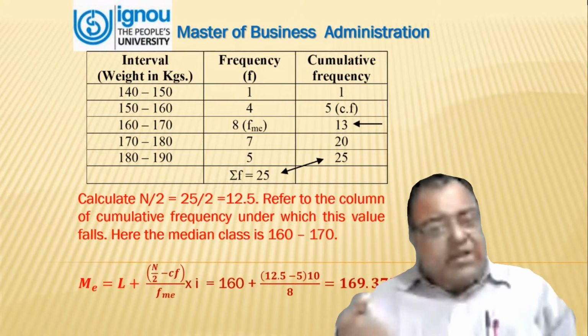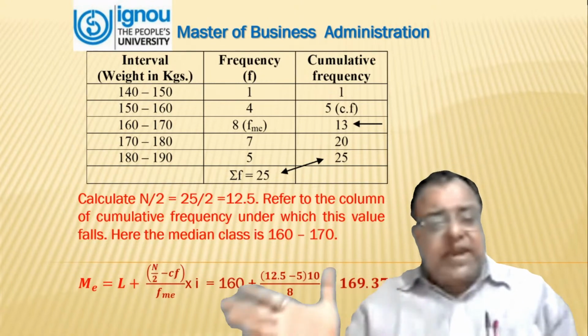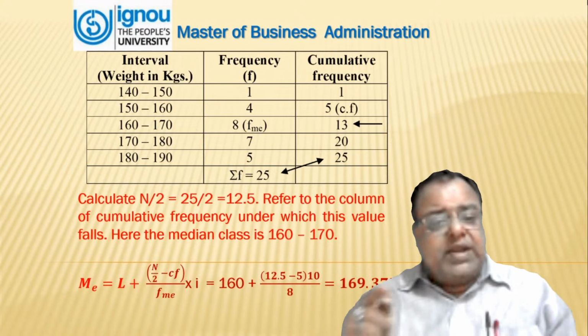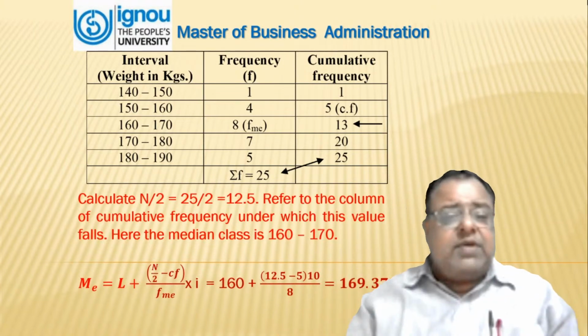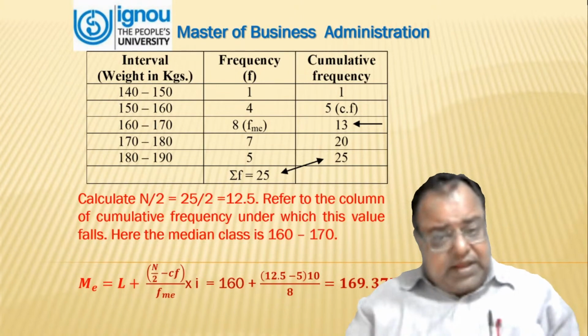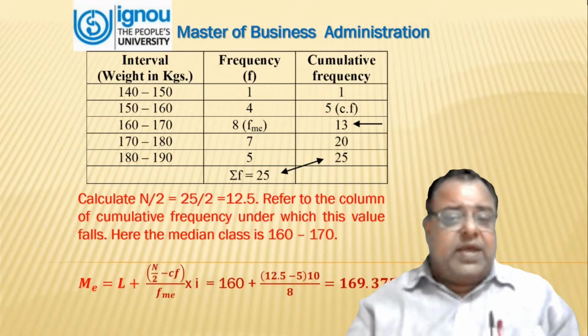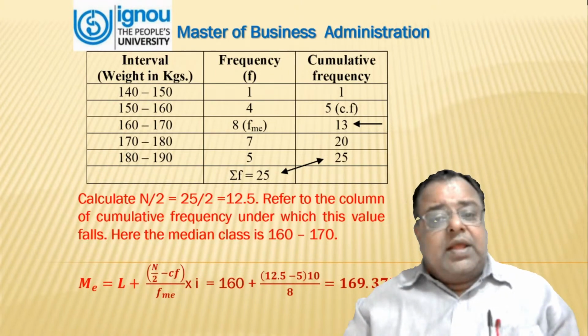For finding the subsequent cumulative frequency, we will be adding the numbers. We add 1 plus 4, we get 5. 5 plus 8, we get 13. 13 plus 7, we get 20. 20 plus 5, we get 25. When we sum up the frequencies, we get the same number. Summation f is equal to 25, the last value of the cumulative frequency.